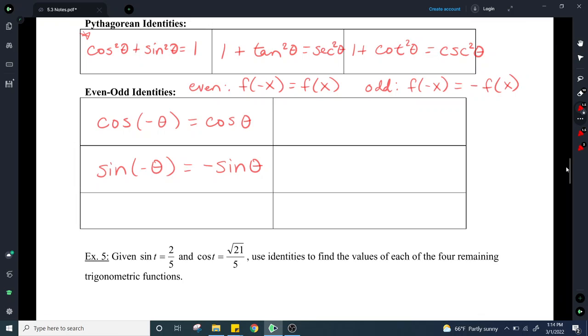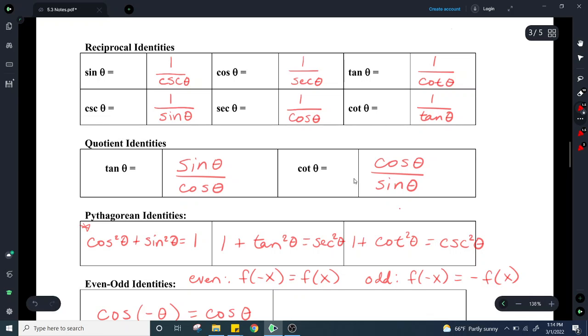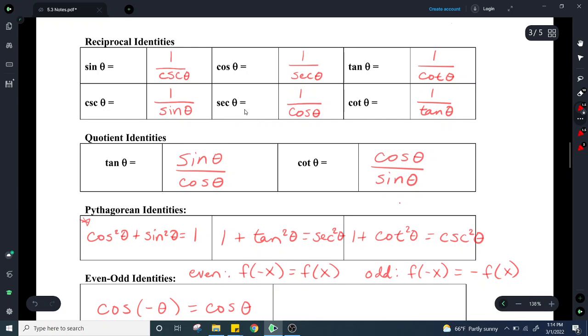And then likewise, tangent is an odd function as well. So tangent of negative theta, based on this definition, would simplify to negative tangent of theta. And then the reciprocal of cosine, remember earlier, we said the reciprocal of cosine was the secant function back here.